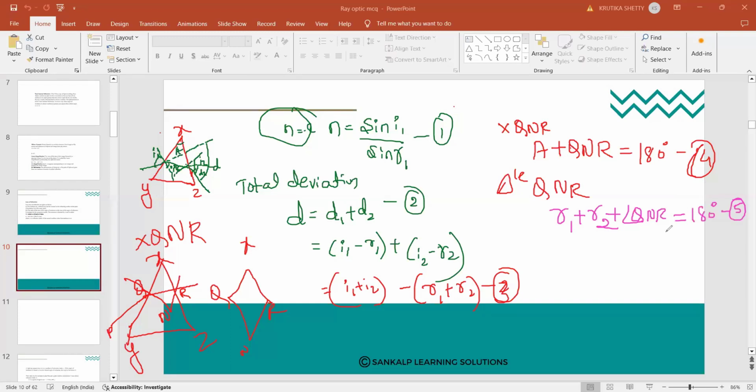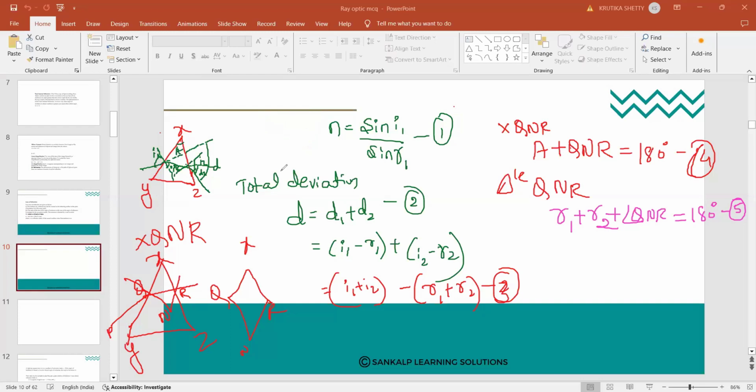So this is very, very important. After that, we have just a comparison of the equations. Please understand these 5 steps first, students. According to the second law of refraction, n is equal to sin I by sin R, but here the angles are taken as I1 and R1.